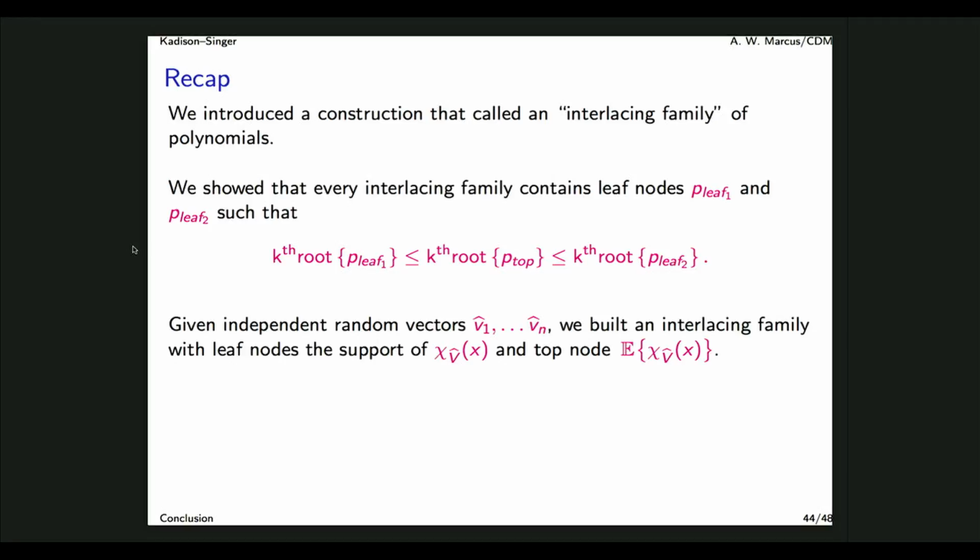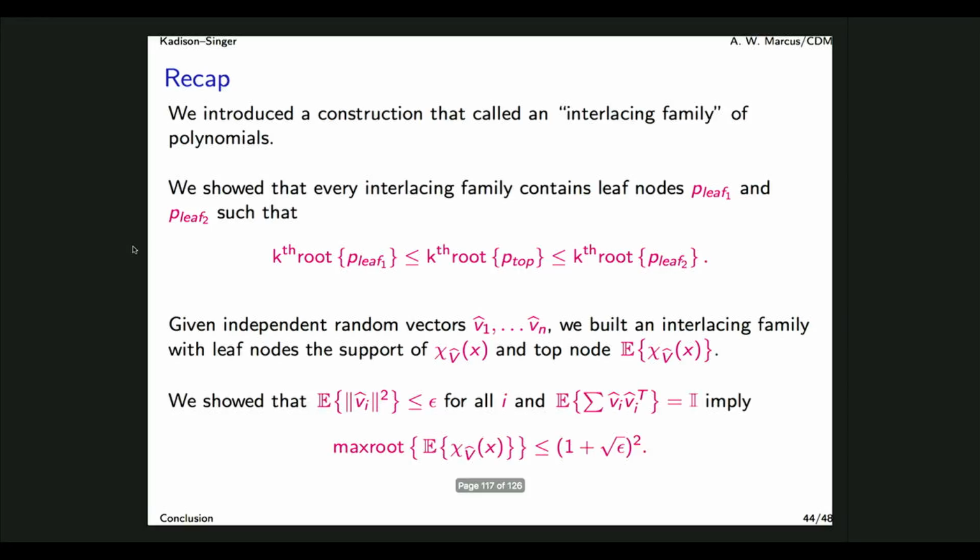Given these independent random vectors, we built an interlacing family where the leaf nodes were the support of these vectors, and the top node was the expected polynomial, which means that if I can bound the root of the expected characteristic polynomial, that would give me information about one of the leaf nodes, which is something in the support.